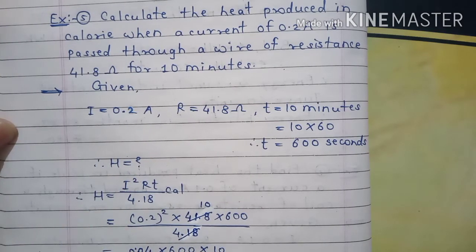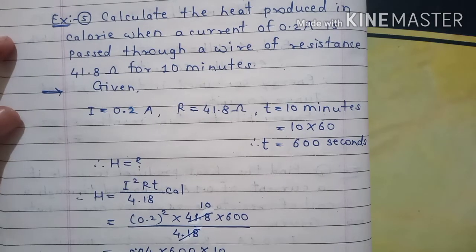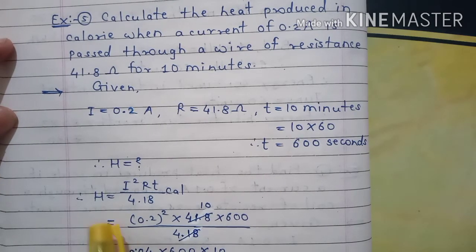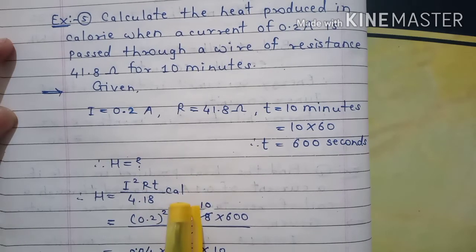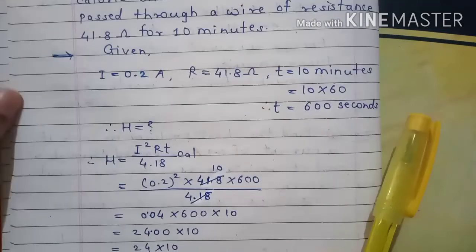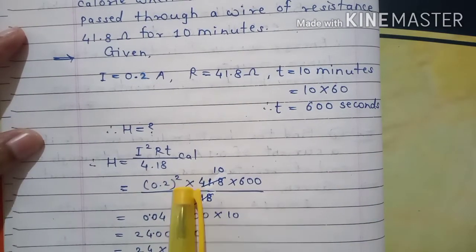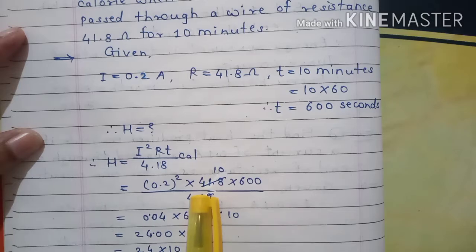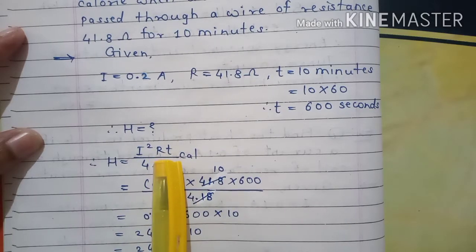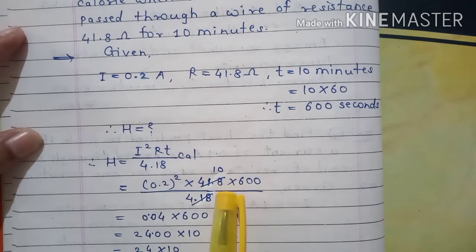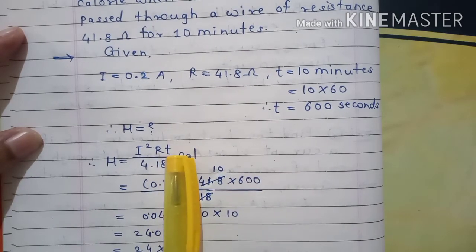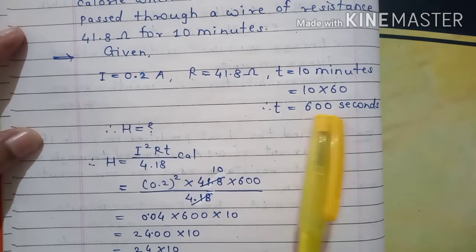Now we know there is a relationship for heat produced in calorie. Therefore H is equal to I square RT upon 4.18 calorie. So we will write here 0.2 bracket square into the R value, 41.8 ohm, that is 41.8, into time T, that is 600 seconds.